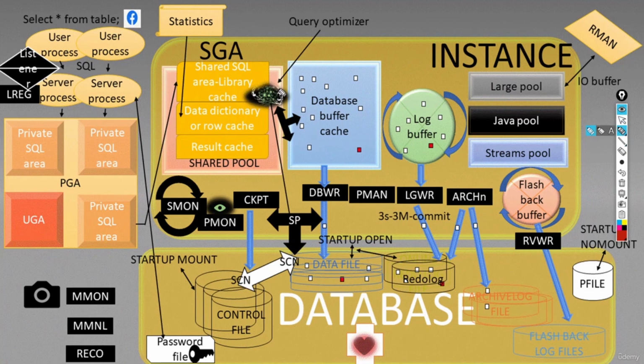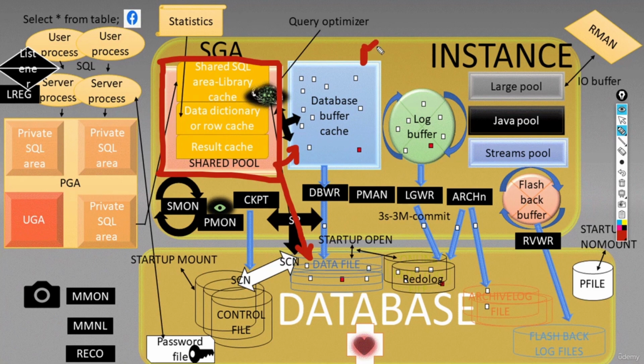So if all these checks are completed, then it has to scan the data either from buffer or disk, either from memory or disk, right? It has to search for the data residing inside the buffer.